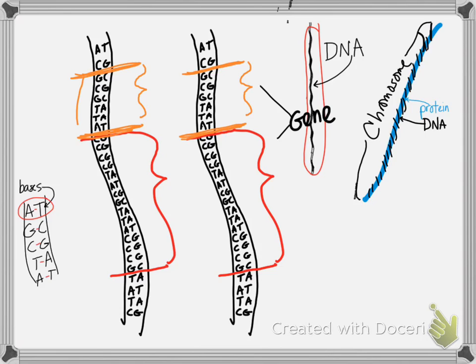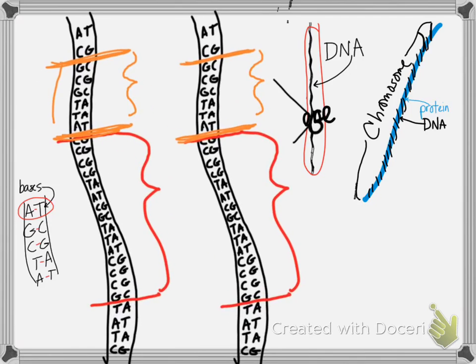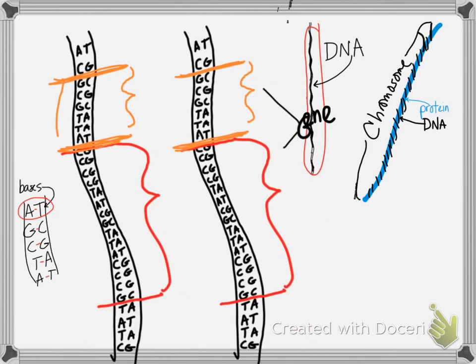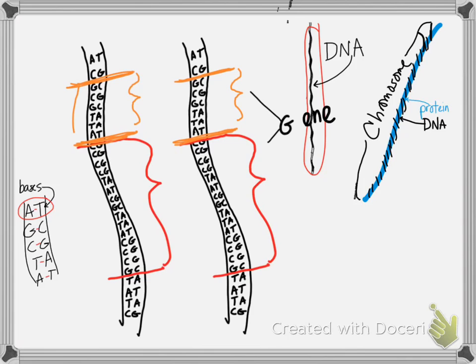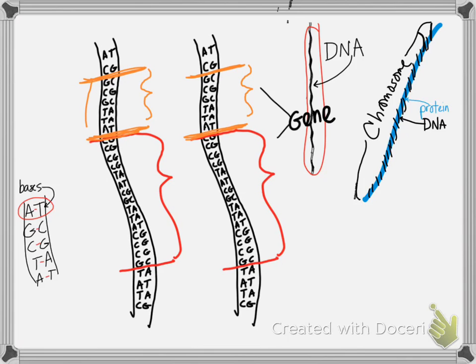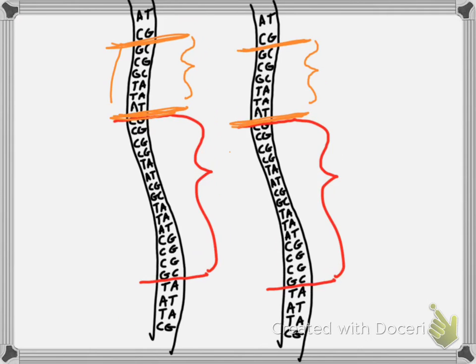Sometimes you will have a particular gene, and this gene could code for anything. Oops, I want to expand this, not shrink it. Actually, let's just copy it to another page. That would be easier. Copy, take it over here, paste it, and expand it.